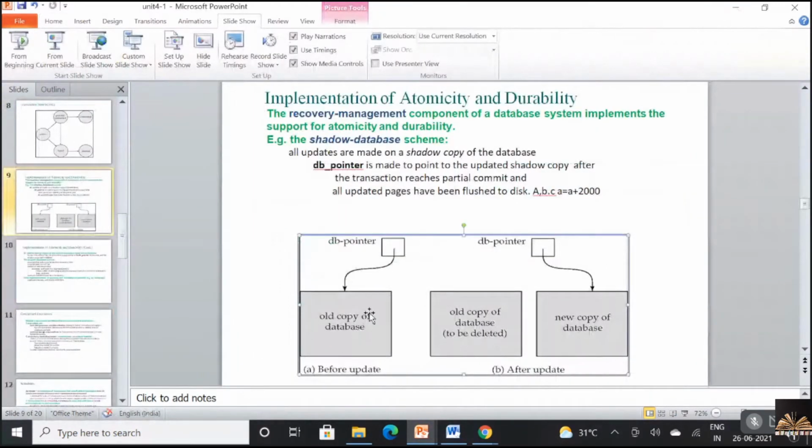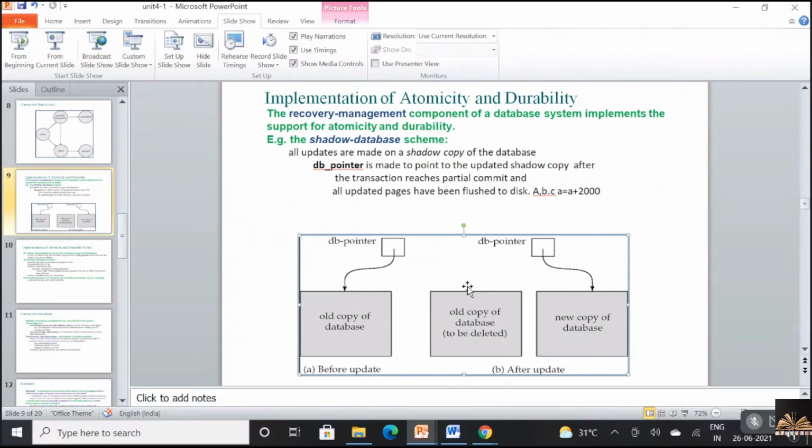Now see, this is the DB pointer pointing to the old database before the actual transaction starts. While a transaction is started, all the modifications are done to a copy of the old copy. So this is a shadow of this particular database. It's quite simple.